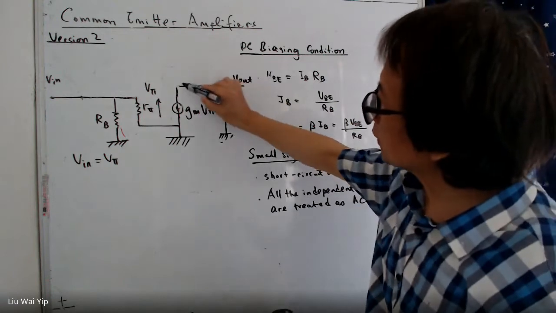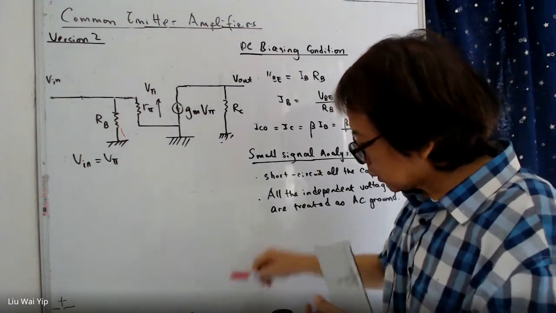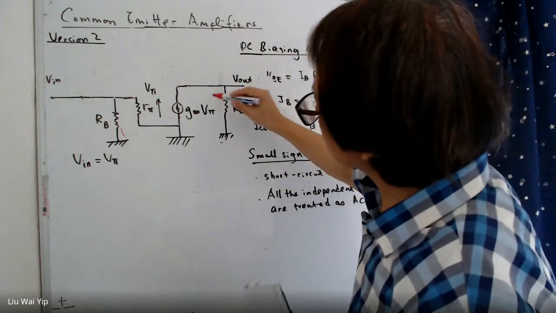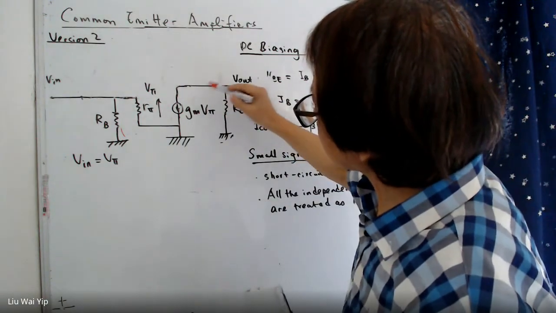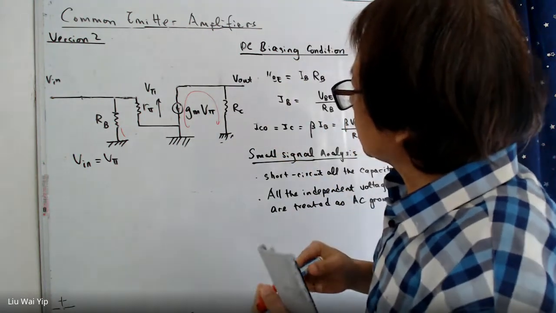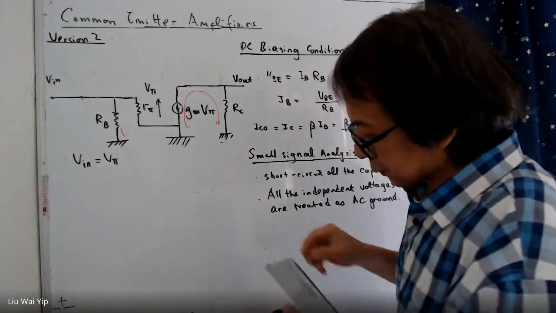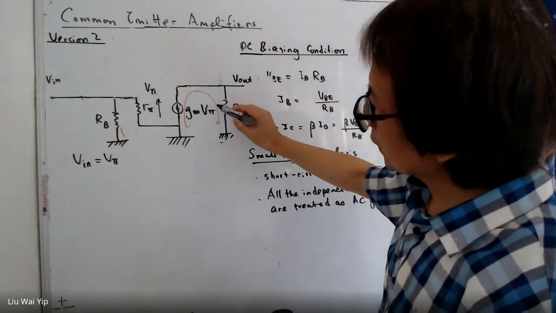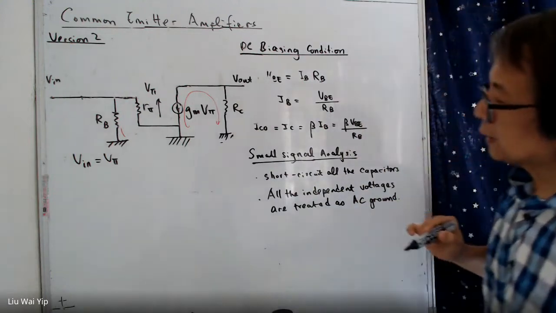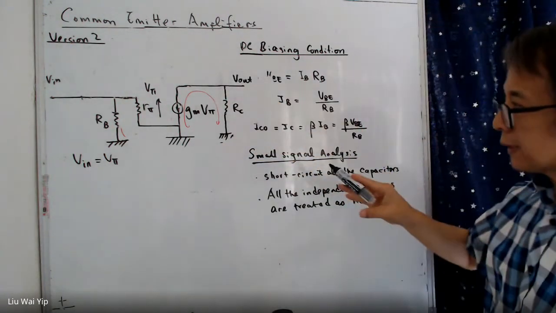And if you look at the circuit here, and if you use Kirchhoff's voltage law to calculate the sum of the voltages around this loop, then we will be able to find the voltage gain.